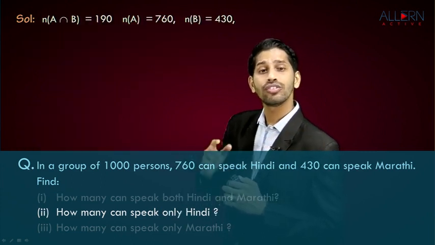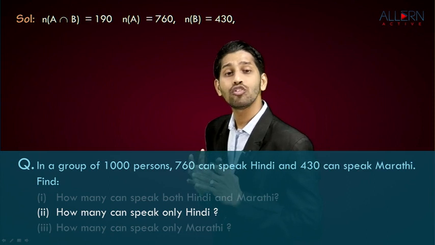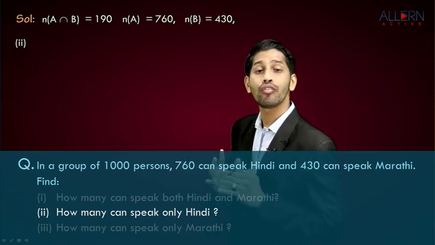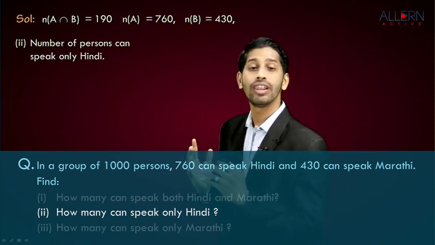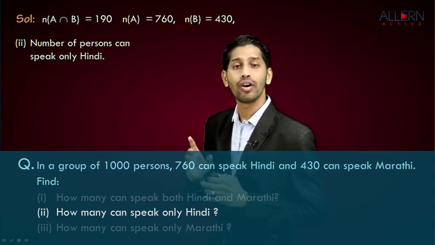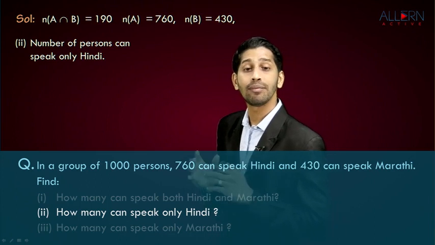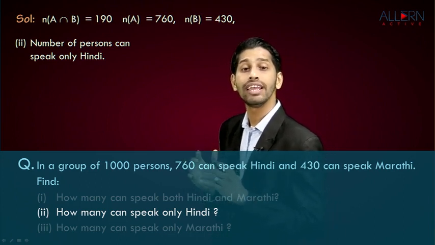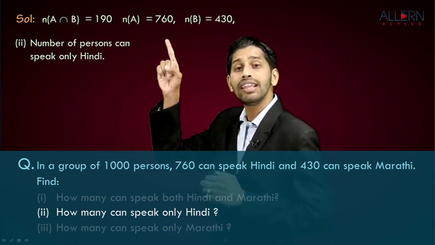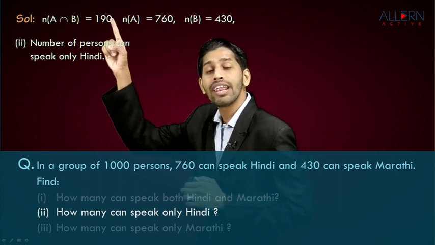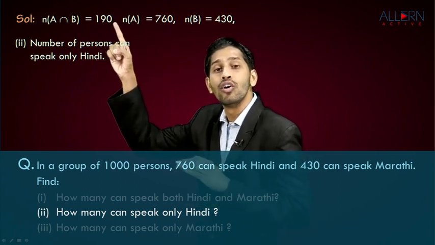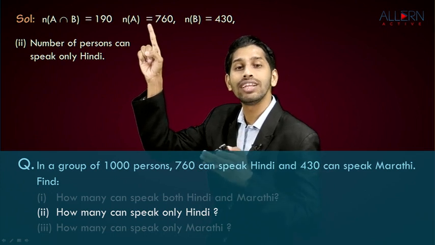Now the second question says: how many can speak only Hindi. That means we have to find the number of persons who can speak only Hindi. If you observe the given information, n(A) = 760, that means the number of persons who can speak Hindi is 760. But in this 760, 190 are those persons who speak Marathi along with Hindi.